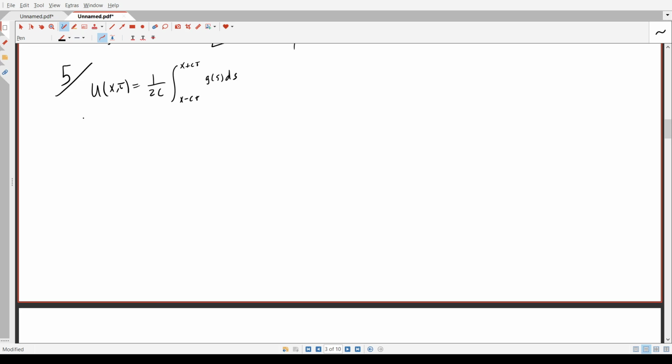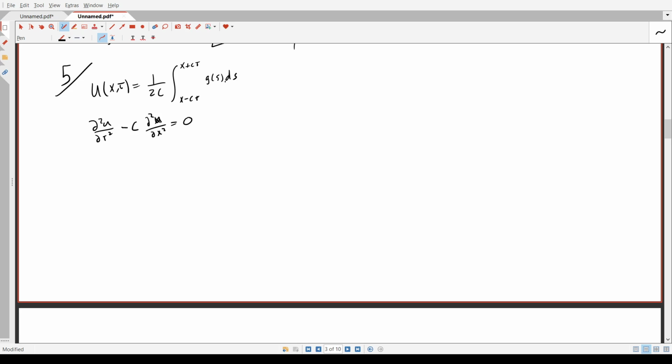And first it wants us to show that the second derivative of u with respect to t minus c squared times the second derivative of u with respect to x is 0.